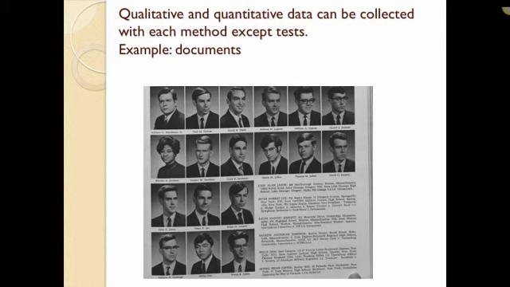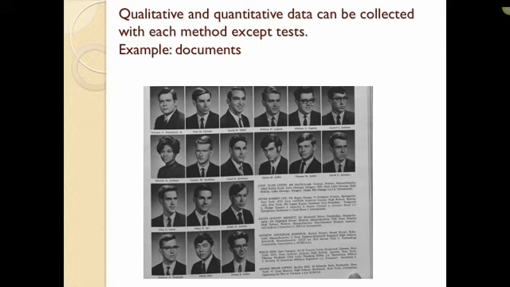So here's an example from my dissertation, a document that I used, a page of a yearbook from MIT in the late 60s. So you could use this to answer both qualitative and quantitative research questions. So a qualitative question you could answer using these data. Perhaps you were interested in doing a historical case study.